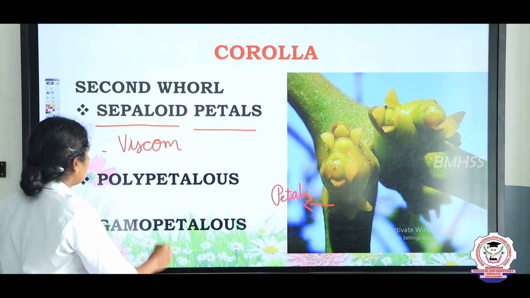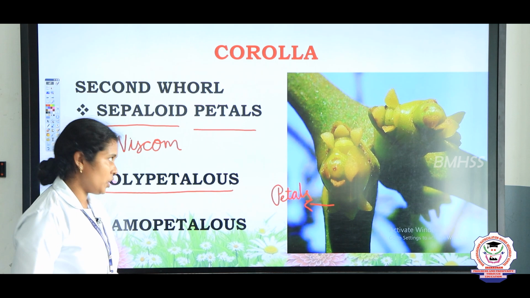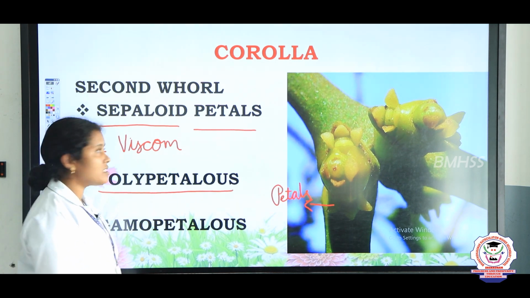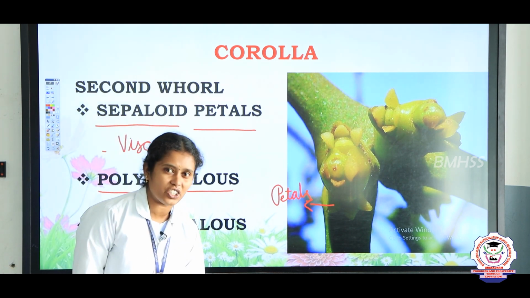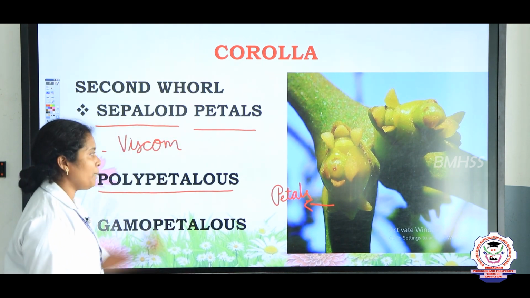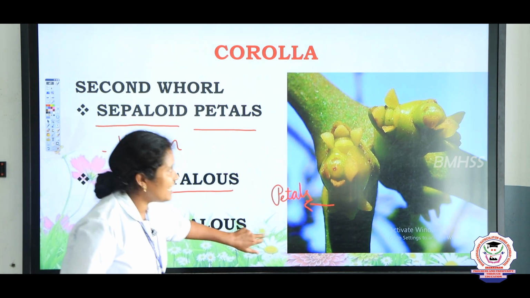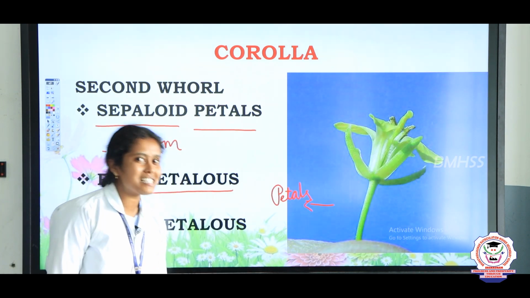Then the second type, polypetals. What is meant by poly? Many. Yes, correct. So the petals are free in nature or not fused together. That type of petals is called polypetals. What is the example of polypetals? See here, this is mustard flower.